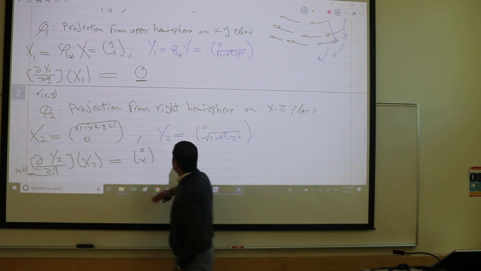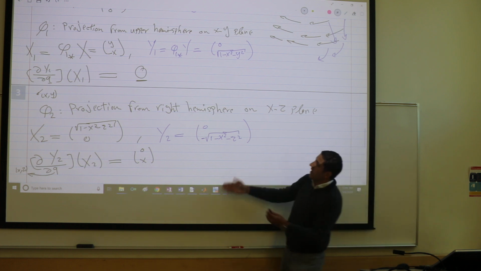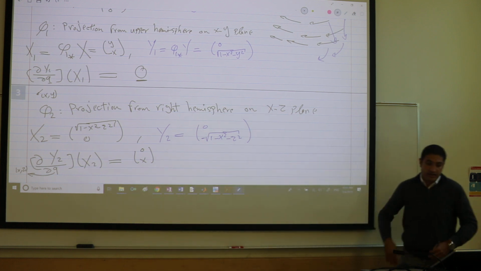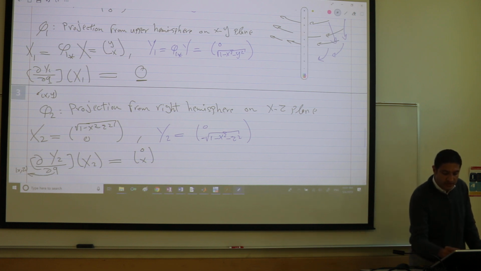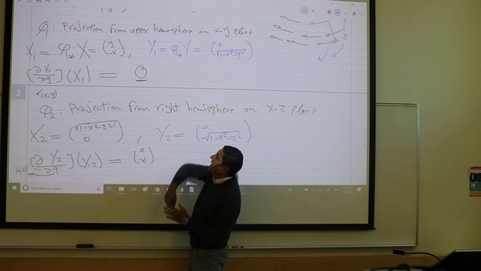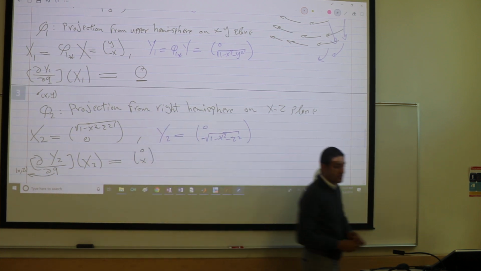Okay, so I did the computation in coordinates. Here I got the 0 vector, here I got this vector, and note that we have a relation between these 2 coordinates, right? So I should be able to use its push forward to relate these 2 vectors. And again, there is no linear transformation that can take this guy to the non-zero vector here.